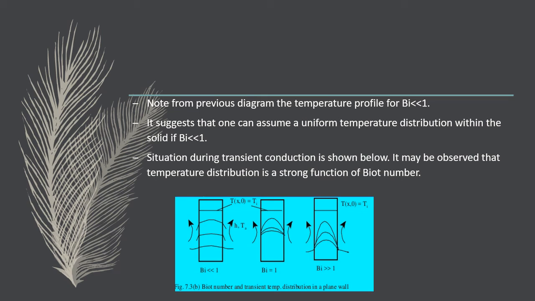In the second figure, when Bi is equal to 1, the flow is curved a little bit, and when Bi is very much greater than 1, the flow is very much curved.